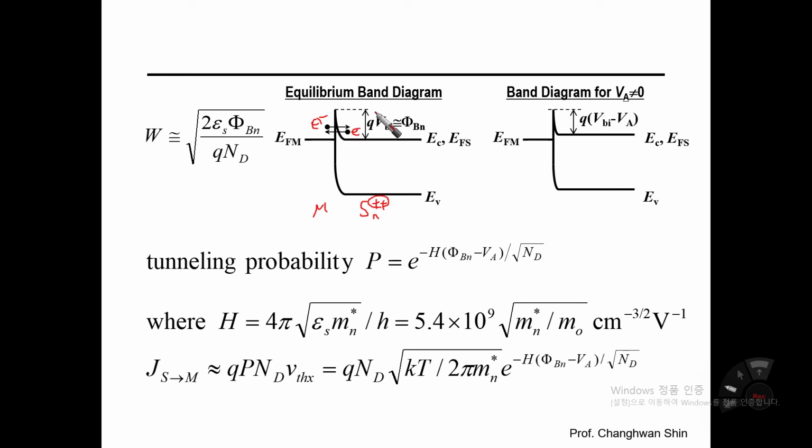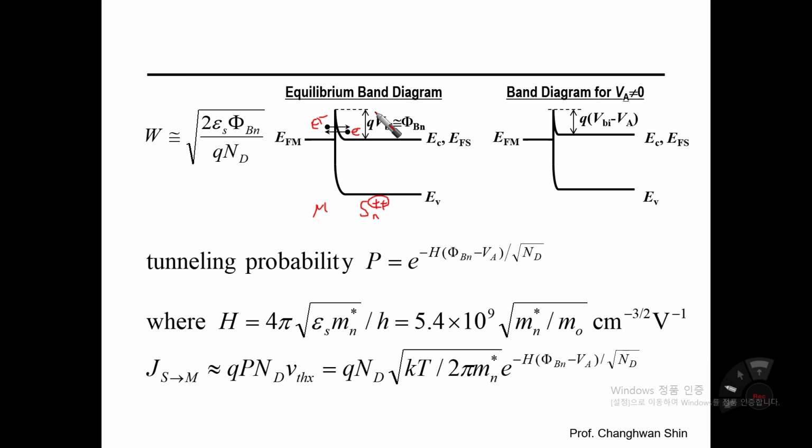I don't want to go into details of how the tunneling occurs across the MS contact, but just for your information, the tunneling probability P is described as a function of the Schottky barrier height, the applied voltage VA, and the doping concentration.